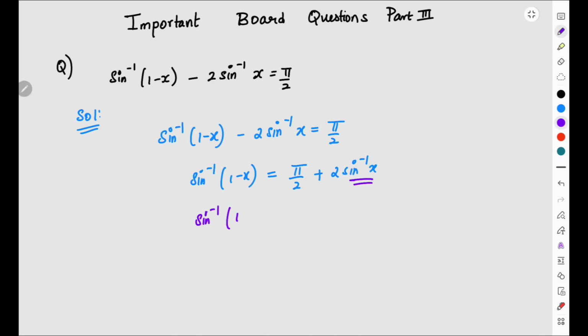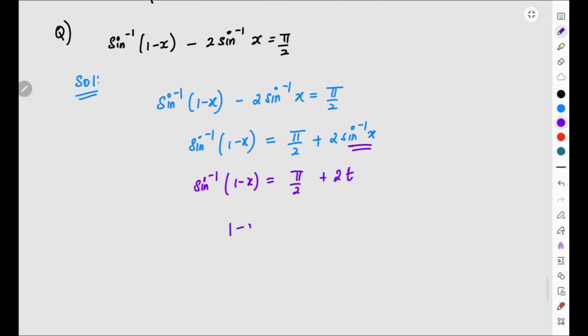So sine inverse of (1 minus x) is equal to pi by 2 plus 2t. So we get 1 minus x is equal to sine of (pi by 2 plus 2t). So that is nothing but 1 minus x is equal to cos 2t.